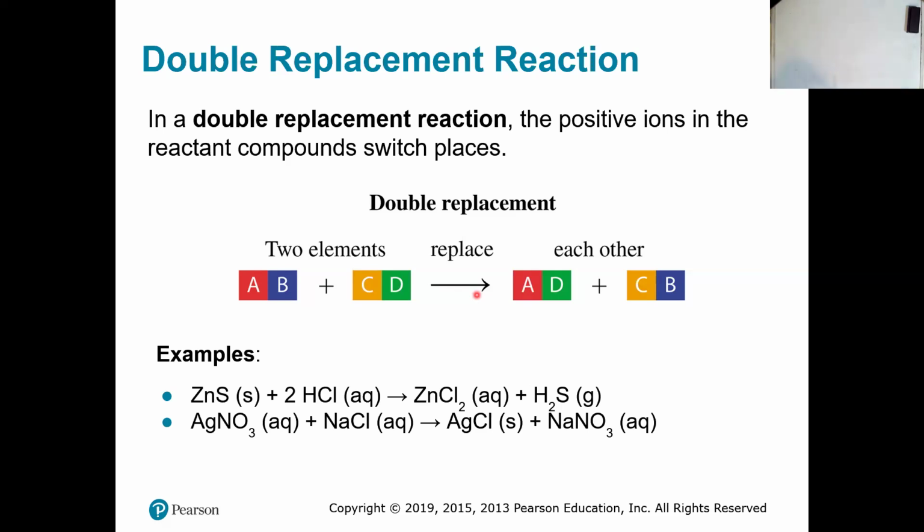And that's why it's called double replacement, because we have two things switching. For AgNO3 and NaCl, what do we end up with? We end up with AgCl and NaNO3. So the Ag and the Na both switch spots. Okay.